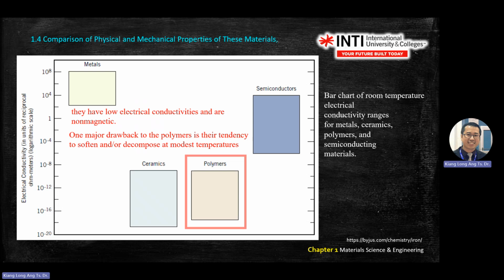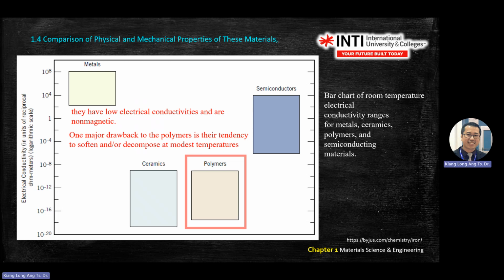Maybe I pick electrical conductivity. Then I ask you to draw the region for the 4 types of materials: metal, ceramic, polymer, semiconductor. You draw something like this. You don't need to remember the scale here, but what is important is you know the region of the materials.